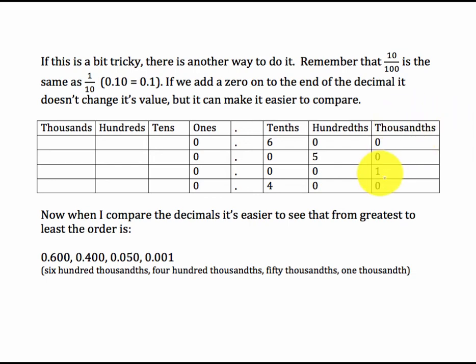This was already thousandths, so we don't have to do anything to that. And then the last one was 4/10, so I plugged 2 zeros onto the end of it. Now it says 400 thousandths. So now we can compare them because they're all in the exact same unit. I can tell that 600 thousandths is the largest, followed by 400 thousandths, followed by 50 thousandths, and the smallest would just be 1 thousandth.